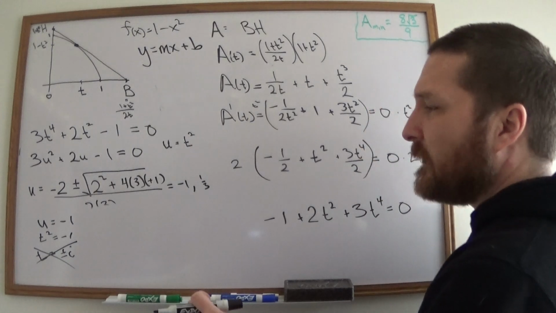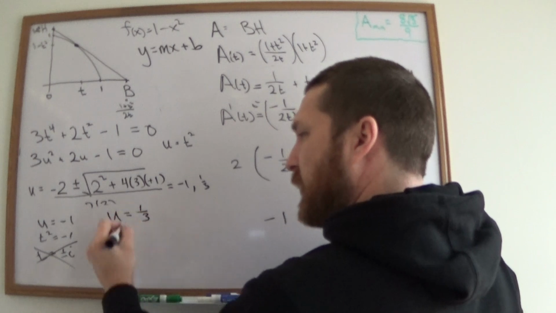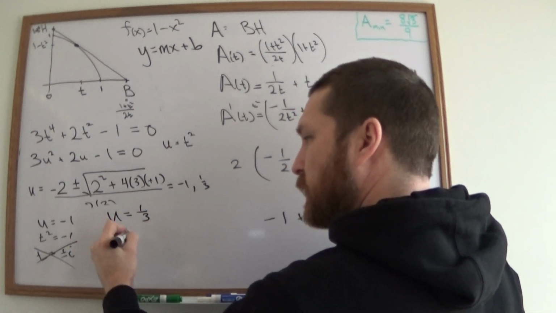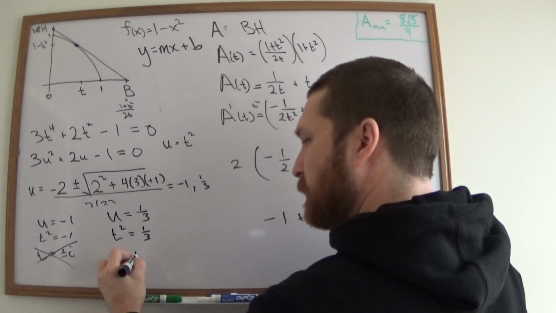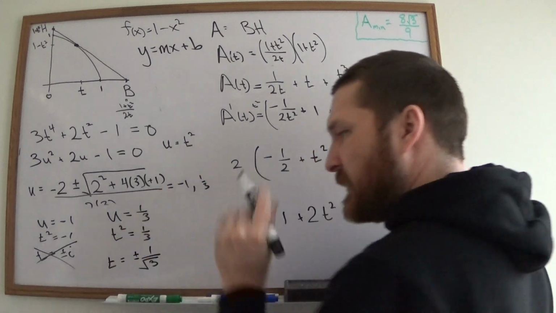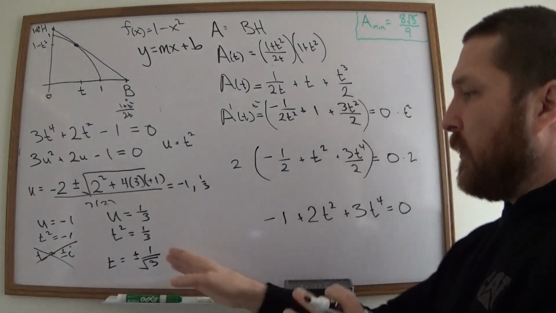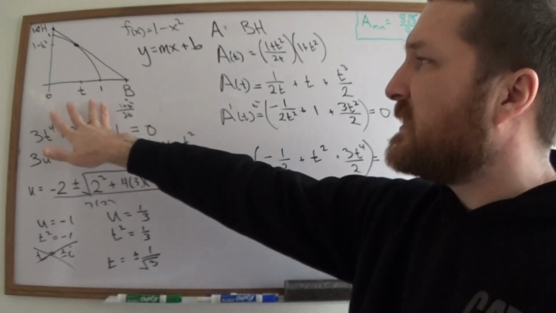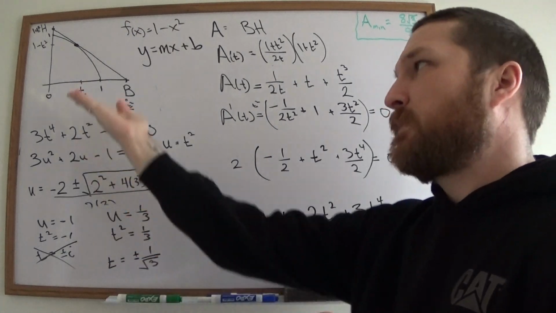So it must be the case that if u is 1/3, then t squared is 1/3, so that t equals plus or minus 1/√3. Now, was it plus or minus? Well, the way that we set this up, t must be a positive number.